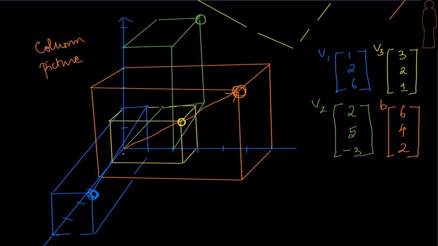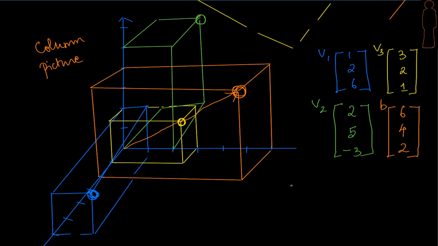If I had only drawn the vectors, you wouldn't have been able to appreciate the three dimensions, and that's why I put the box. Now imagine this picture without the boxes. It's a pretty simple picture with those three vectors and the final right-hand side B vector, asking the same question: can I walk on these three vectors and reach this B vector, right?